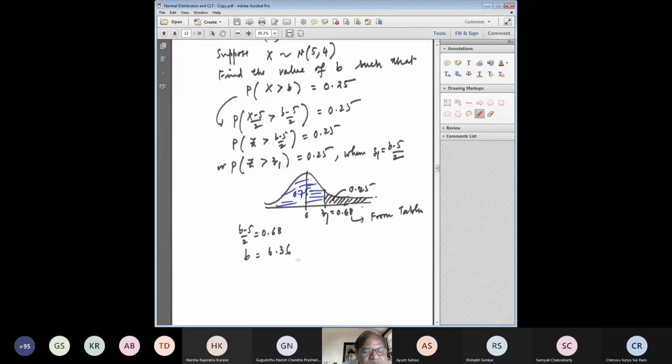So the b value is 6.36. What it represents is that x greater than 6.36 has probability 0.25. This b value is 6.36. Is it clear? So it is a reverse problem. In the reverse problem, instead of finding the area, you are finding the point.